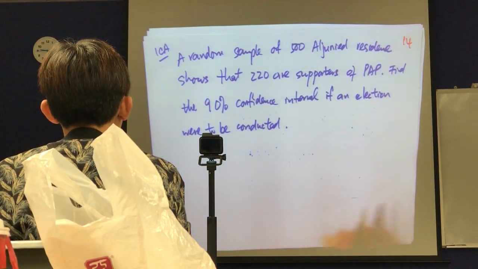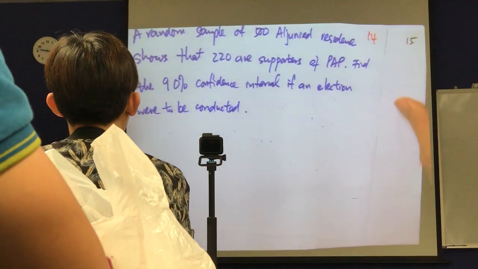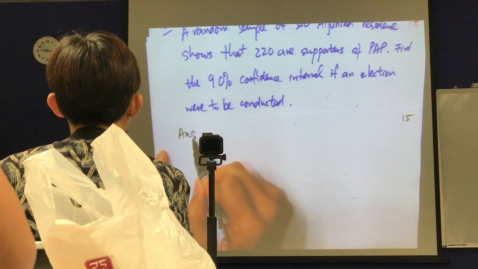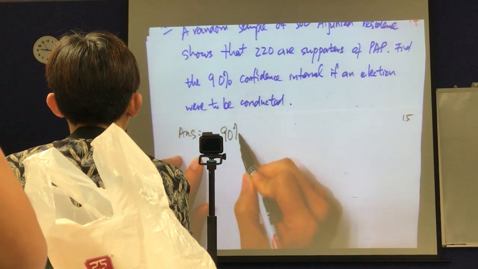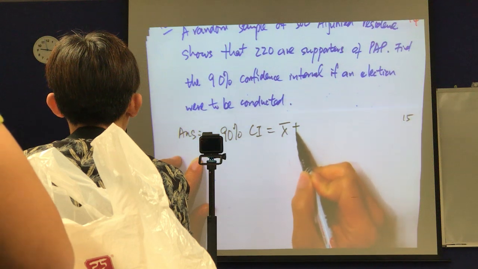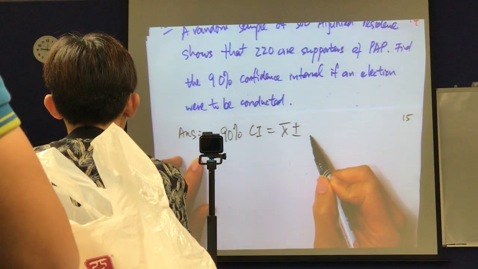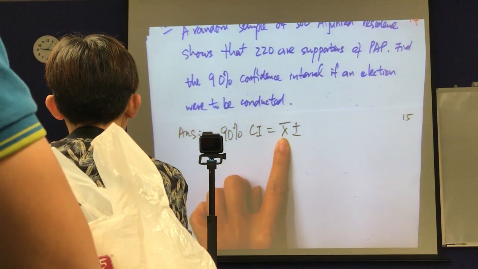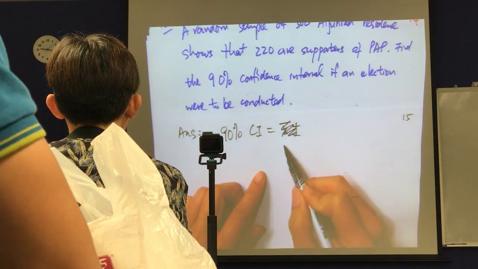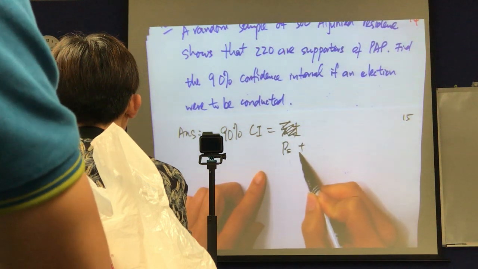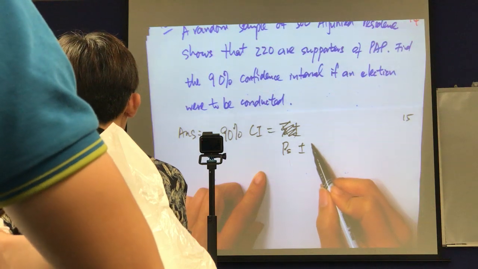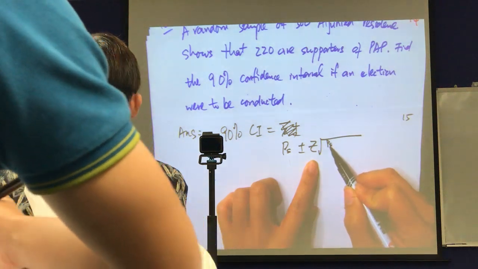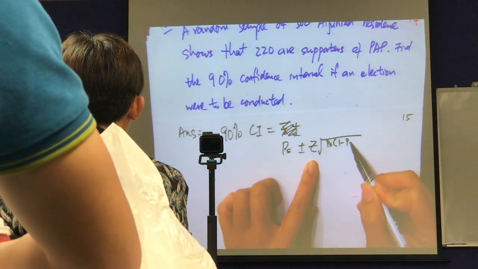Let's do it together. CI is equal to plus minus what? Is it x bar? No, good, we don't use x bar. We use Ps plus minus Z, Ps times 1 minus Ps over n.